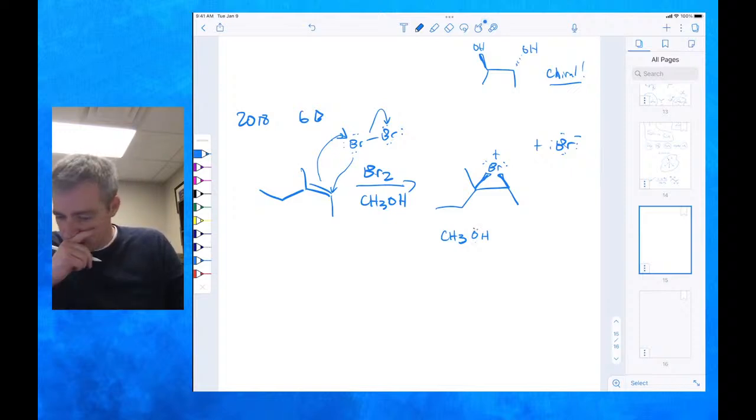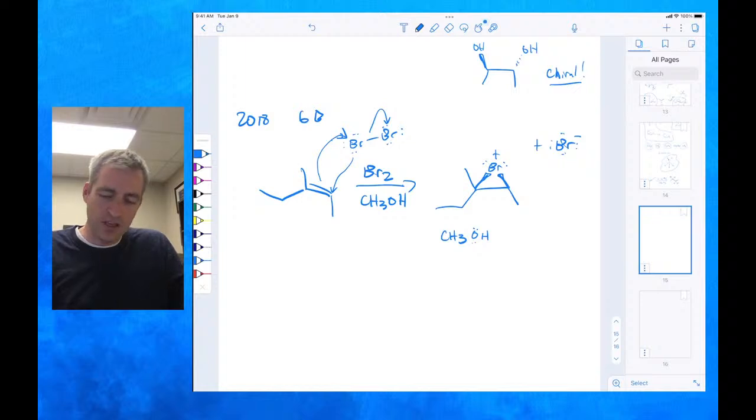And so what this is going to do is attack via nucleophilic attack the more substituted carbon, because when you have these positively charged three-membered rings, we call them bromonium cations, they actually share that positive charge with the two carbons it's bonded to, and the more substituted one takes more charge. And so that's more electrophilic, it has a better target for our methanol. So it'll attack there and open up our ring.